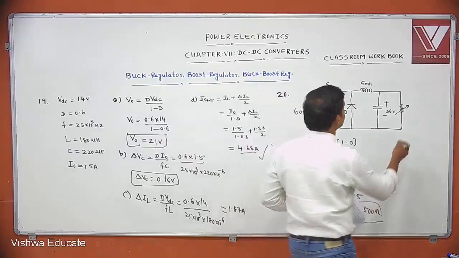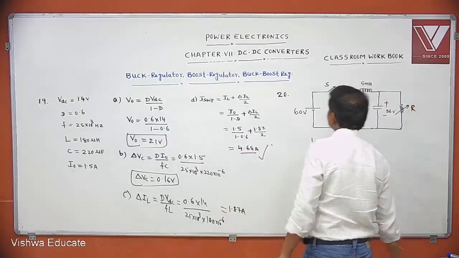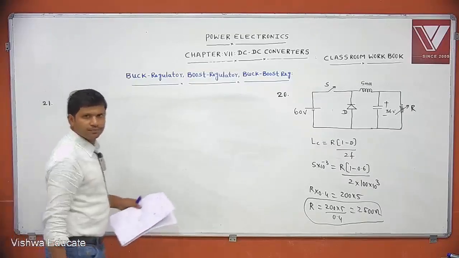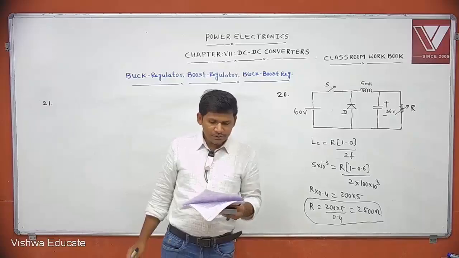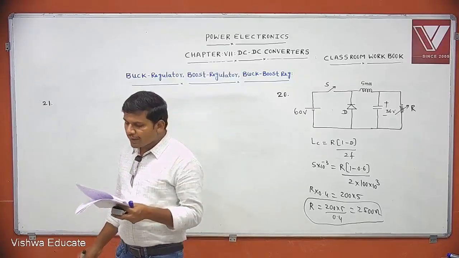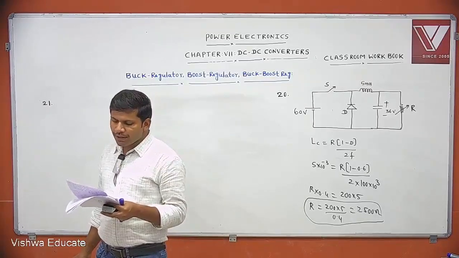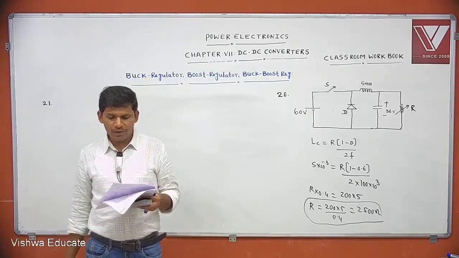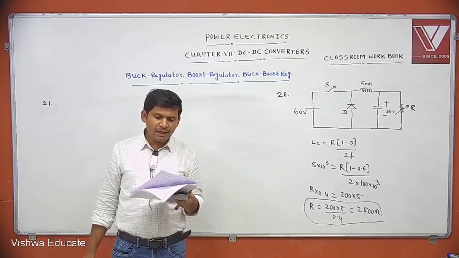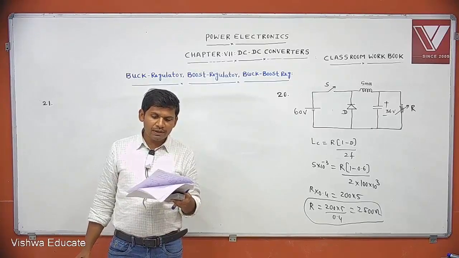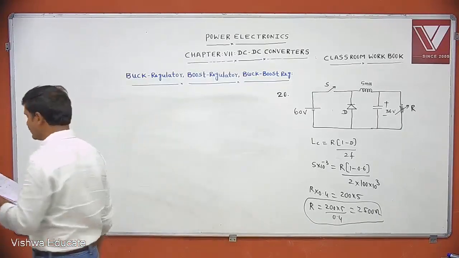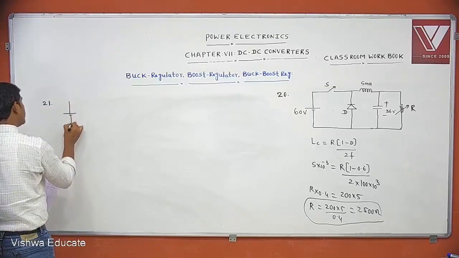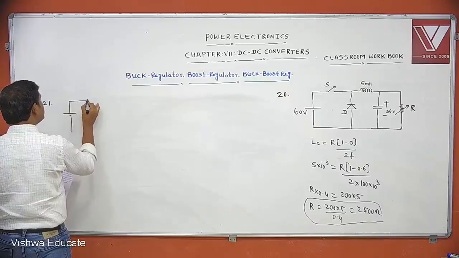This is the resistor. Question 21. Shall I read the question? For the circuit shown in the figure, the switch is operated at a duty cycle of 0.6 and switching frequency of 10 kHz. Calculate the maximum inductor current, the value of L connected, and the critical value of inductance. This is the given circuit. This is the switch.